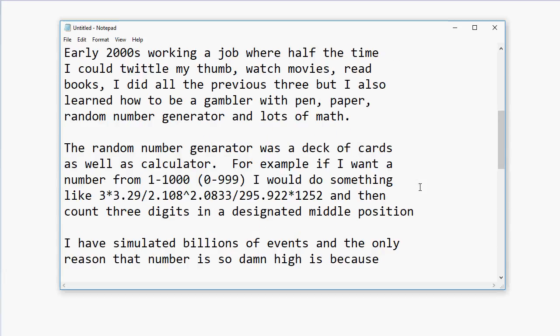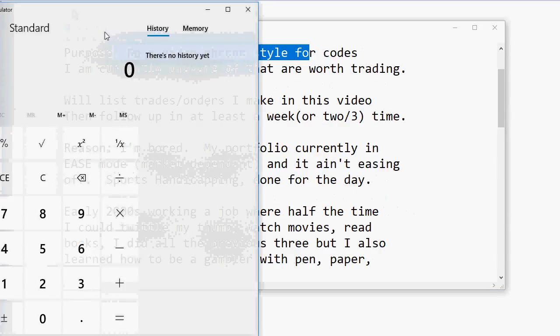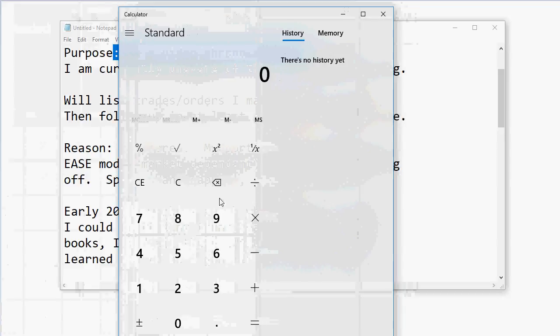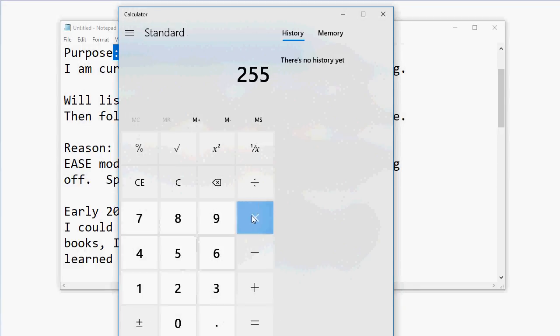For example, if I want a number from say 1 to 1,000 or 0 to 999 and 0 would represent 1,000, I would do something like a weird calculation of this nature. For example, let's just assume that we take 55 divided by 3 point this, multiply just some random numbers.